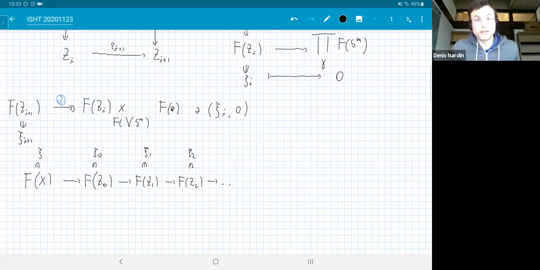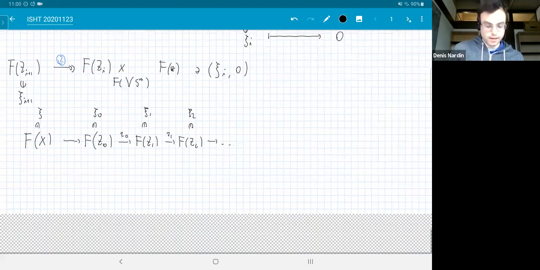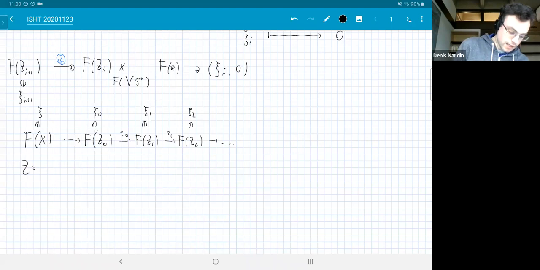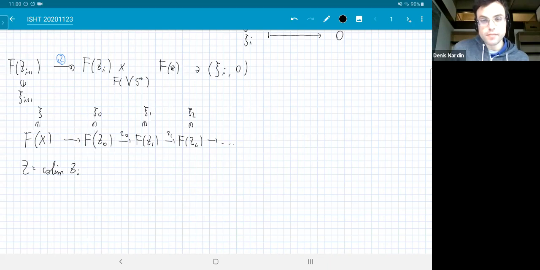And now we want to use it to find our z_x that we desired. We're almost done. Is it clear how I went up to here? Yeah, okay. So now the idea is I get z to be the colimit of the z_i's.